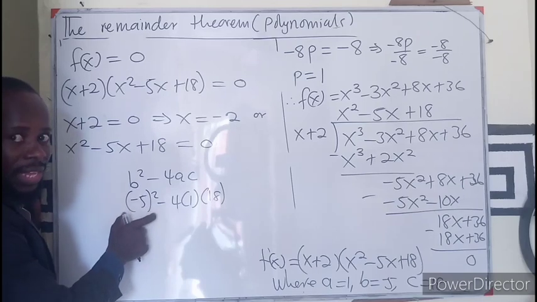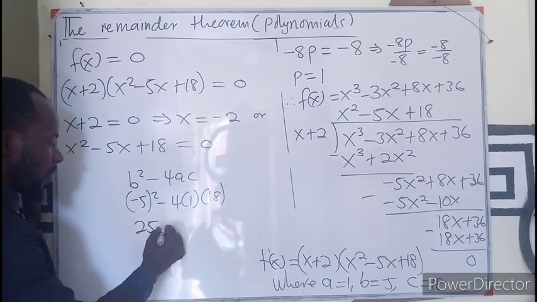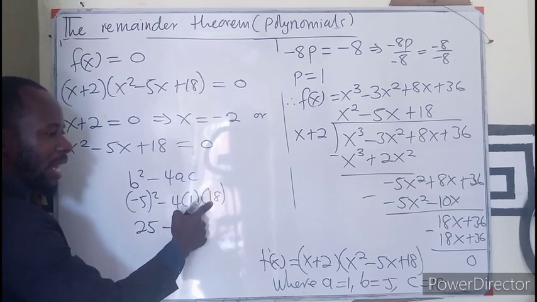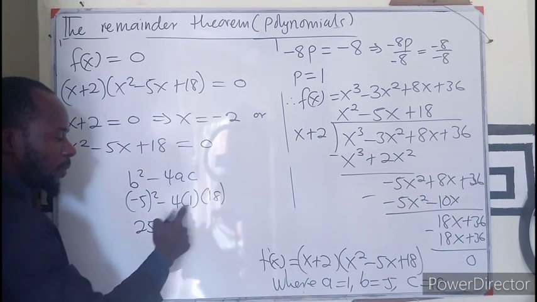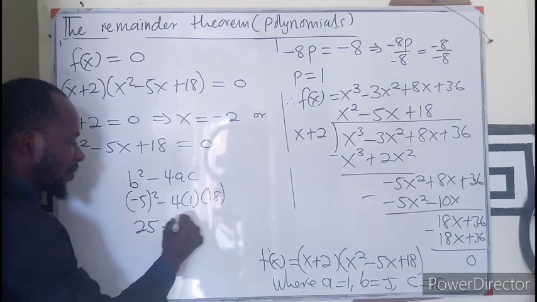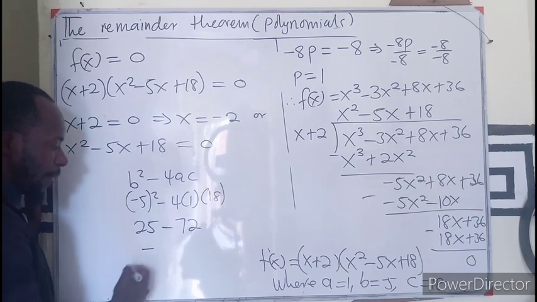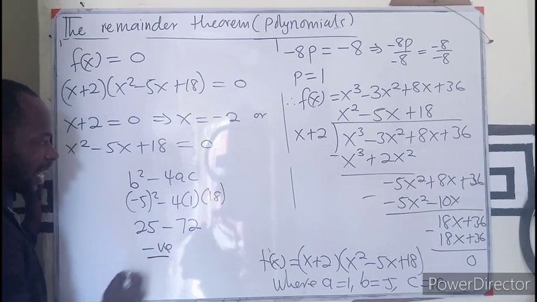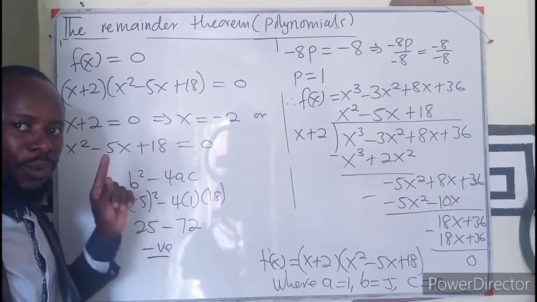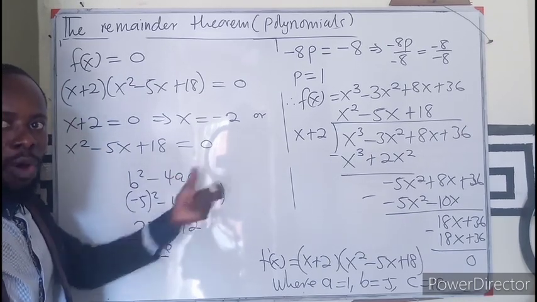So if you square negative 5, you have 25 minus 4 times 1 times 18. 4 times 18 is 72. So we have 25 minus 72, what? Negative 47. You get a negative answer. The moment you get a negative answer, it means there is no real root or solution for this. You're going to get a complex answer.